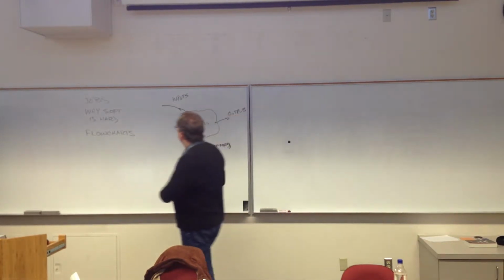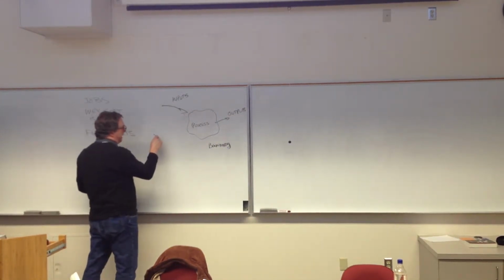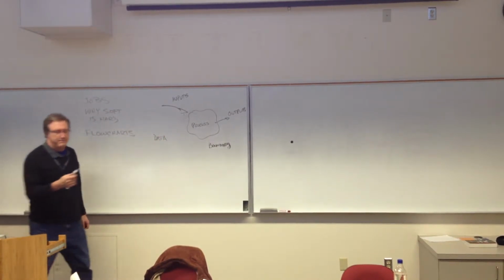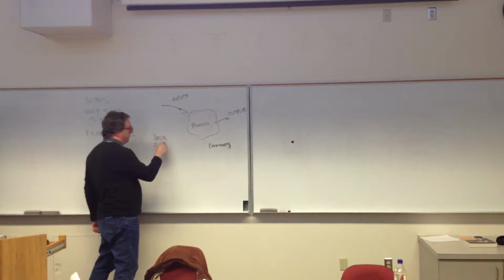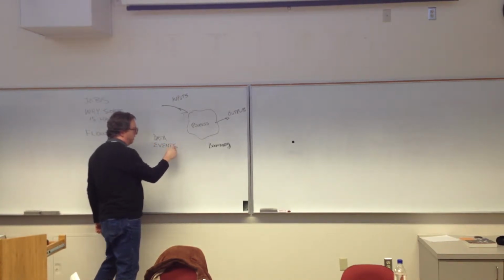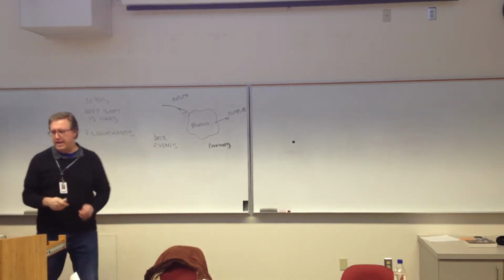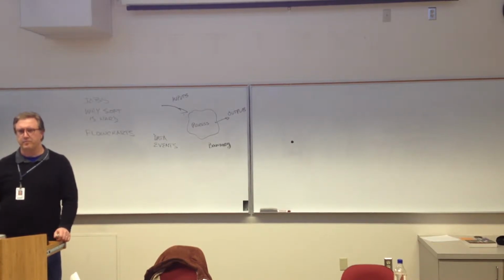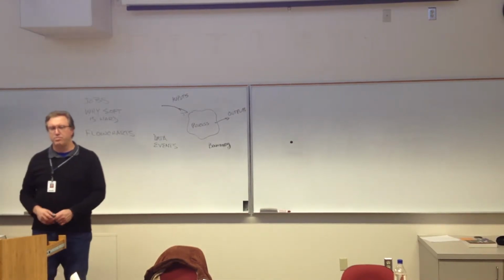So inputs can be things, like I said, they can be data, or they can be things like events. So what's an event? If I am using a PC like this, and I'm moving stuff around on the screen, what's an event? Clicking the mouse. Clicking the mouse is a primary event.